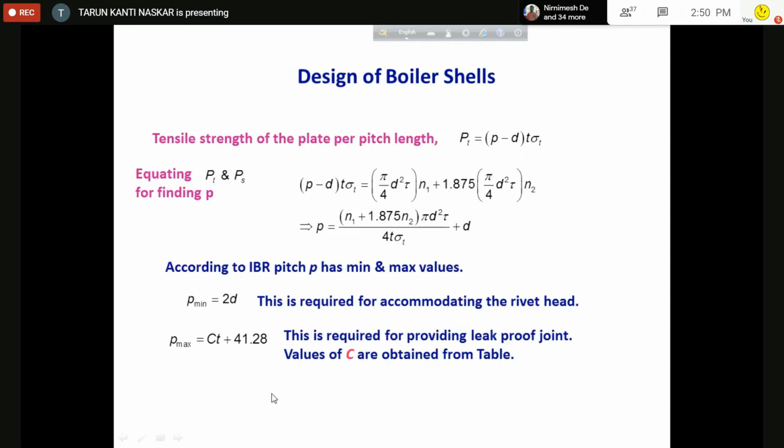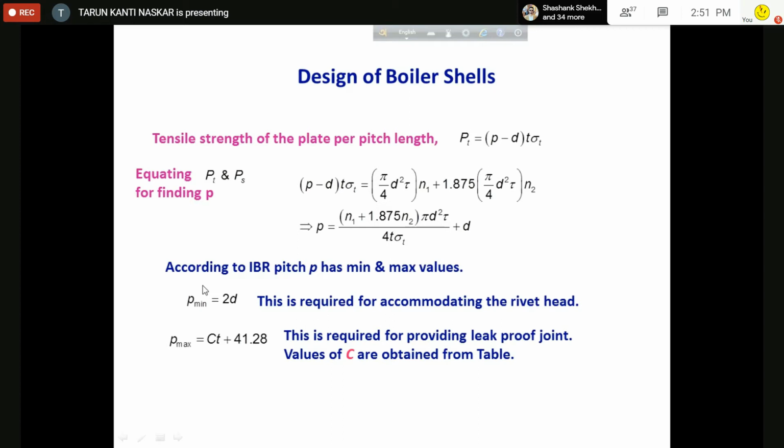Is it clear how to find out P? Sir, here why is the shear strength equal to the tensile strength? Shear strength is equated to tensile strength because we like to make it safe for both the strengths. Clear? That means both the stresses.